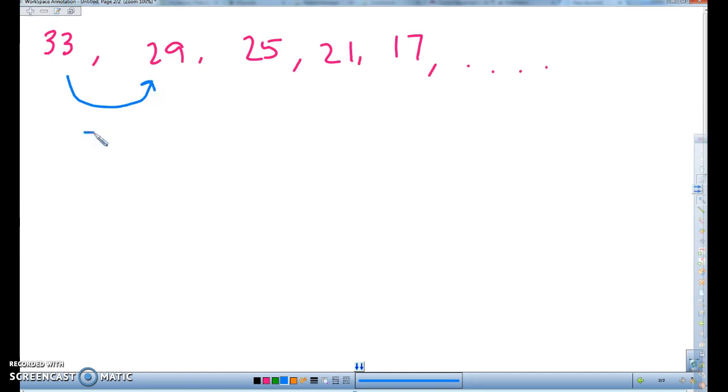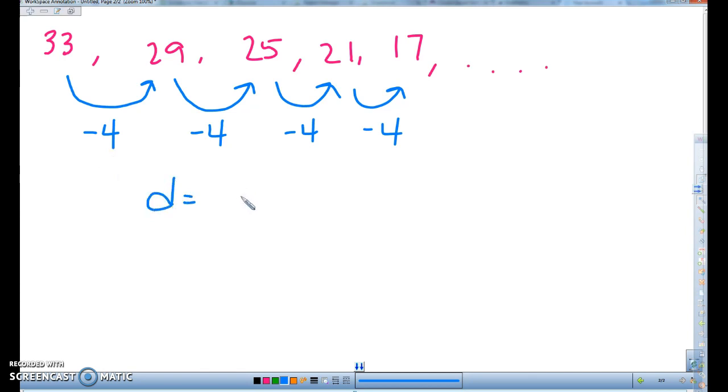So I know 33 minus 4 is 29, and 29 minus 4 is 25. 25 minus 4 is 21, and so on. So my common difference, which we've called D, is negative 4. And because it has that common difference, is this an arithmetic sequence? Good, it is arithmetic. It's arithmetic, but Mrs. C can't spell. Darn.